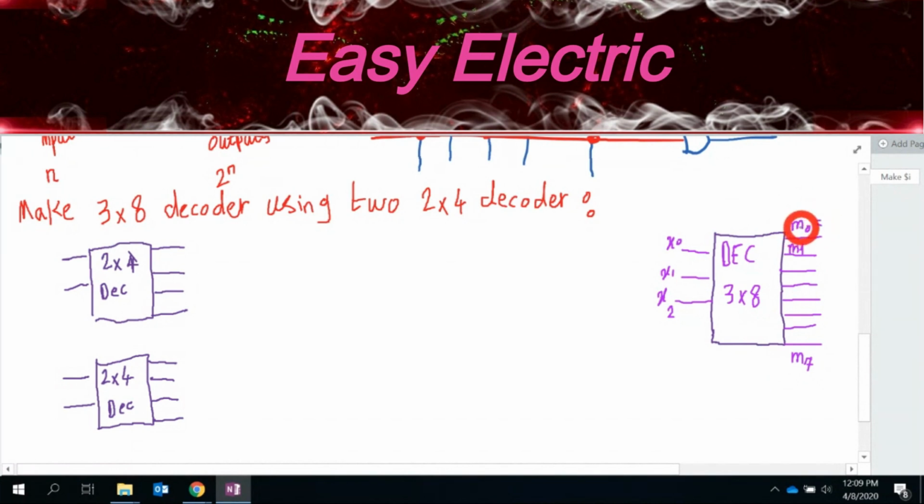So what is the midterm 0? I just write one of them. What is the midterm 0 in terms of x0, x1, and x2? You already know this. Midterm 0 means all of them are 0, right?